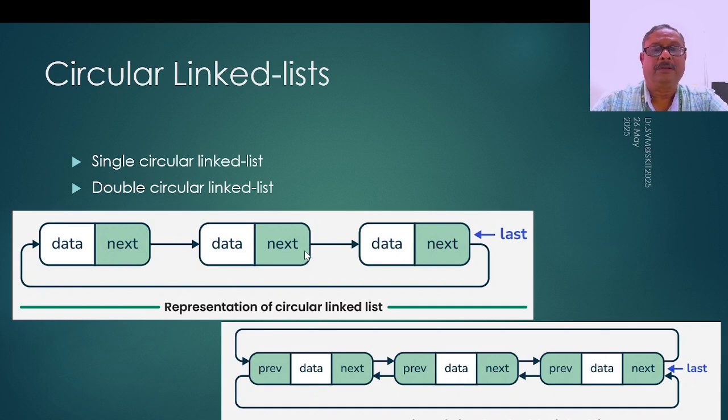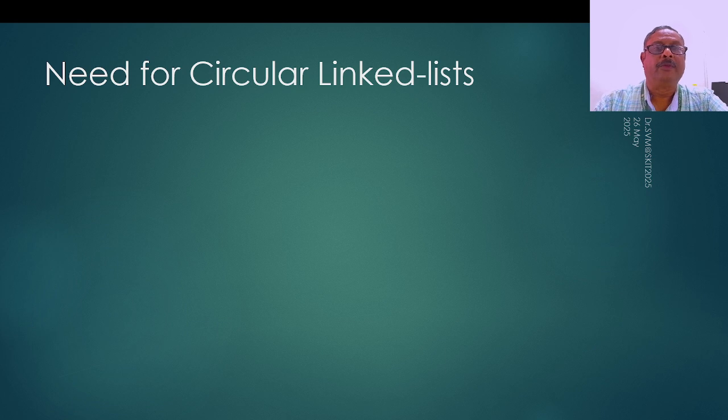In the singly linked list, we can keep on traversing round and round in one direction, whereas in doubly linked list, we can keep traversing in either clockwise or anti-clockwise, or forward or backward direction, over and over again. So why do we require such a circular linked list?